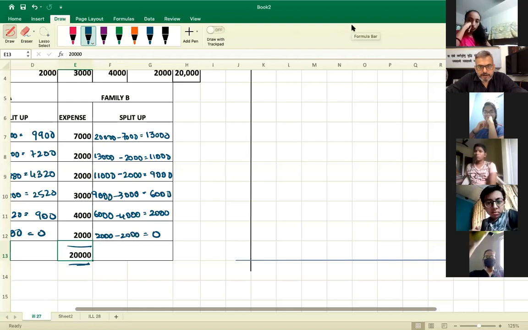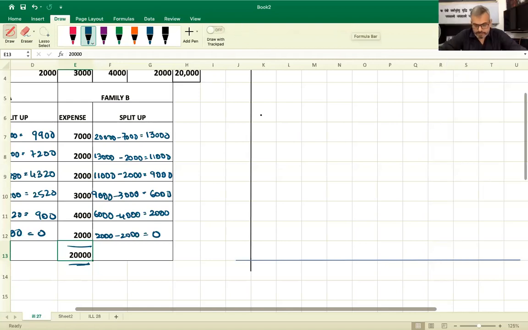Okay, now let's write the heading, all of you. Heading is extremely important in a graph.